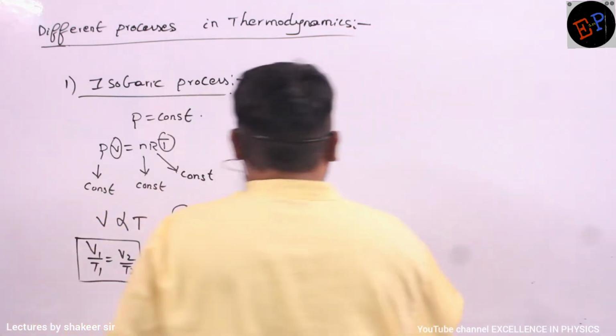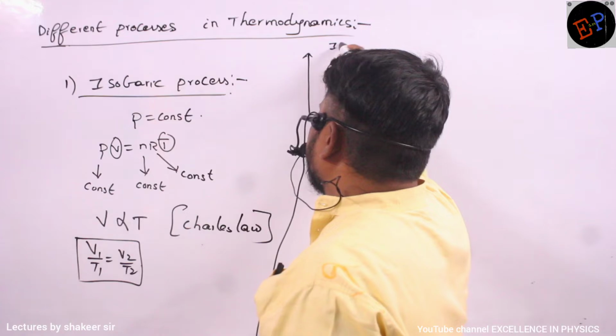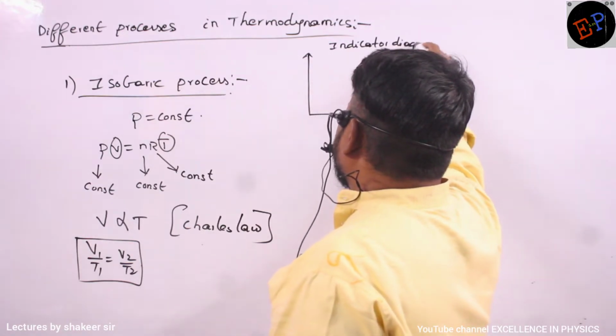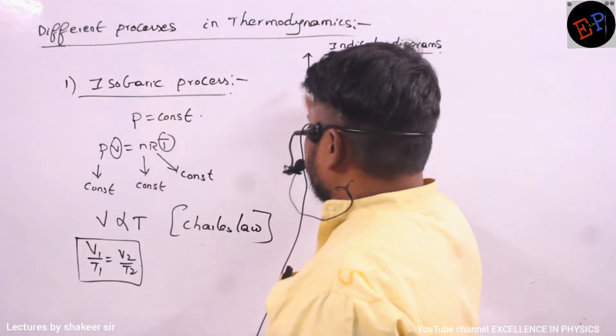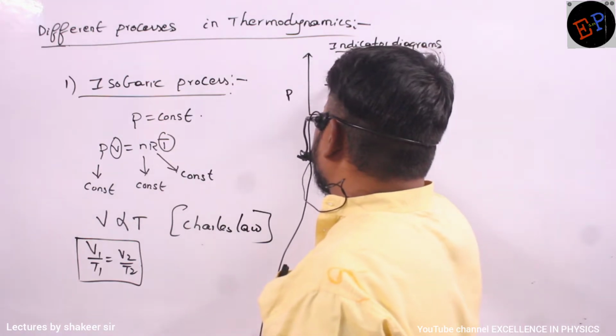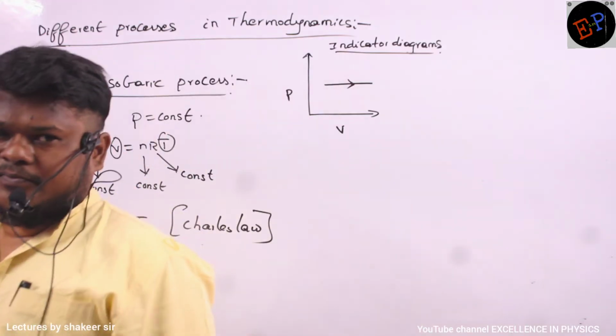Okay. So if I draw one graph, these graphs you can call indicator diagrams. For example, if I write pressure and volume, clear, no? Then if I draw a graph like this, what do you understand by looking at it?